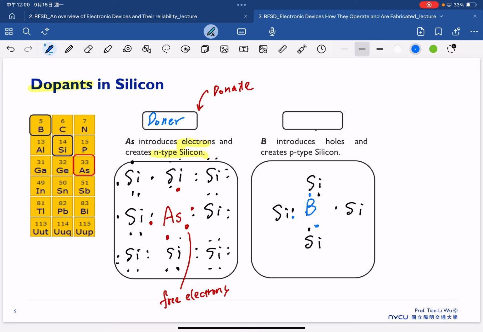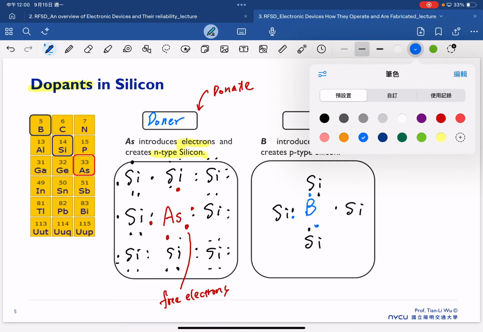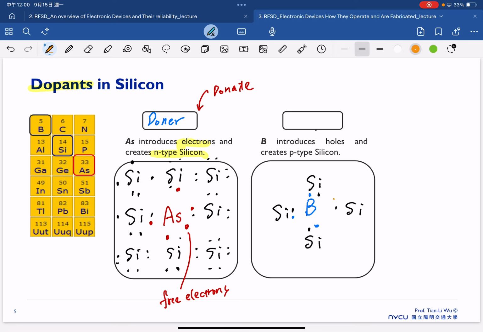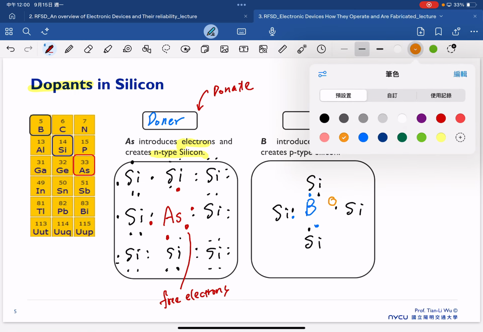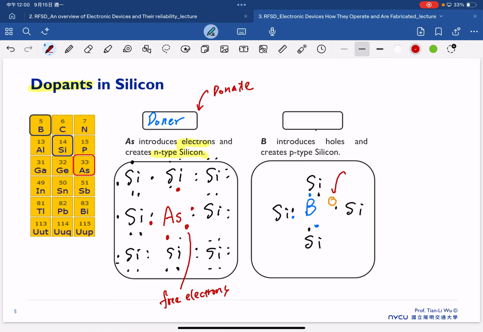But now we have 1 additional empty place here, and this additional empty place will be able to accept 1 electron from others.